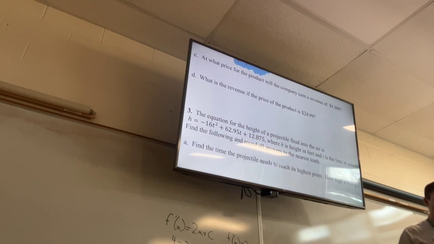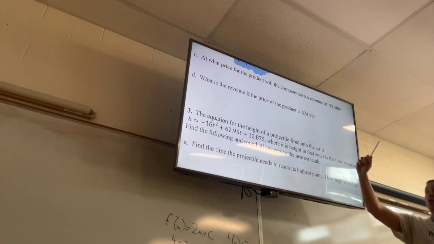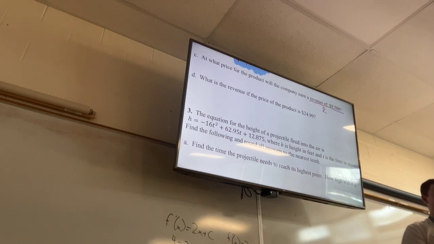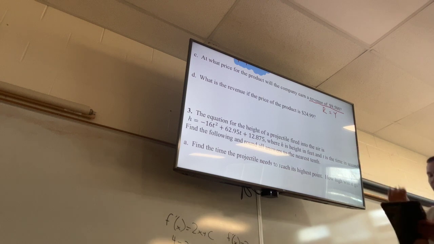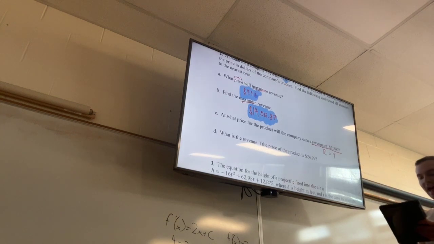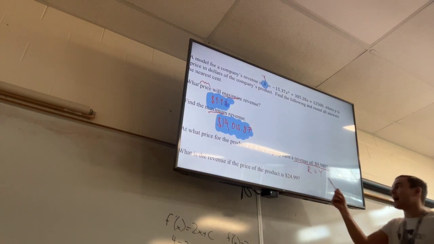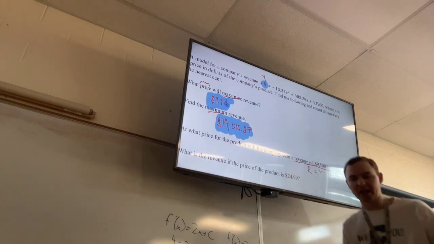At what price for the product will the company earn a revenue of $9,500? Which variable did they give me? They gave me r, which on my calculator is represented by y. So they gave me y equals 9,500, and I've got to solve for x. What do I do when they give me y? Plug it in where?